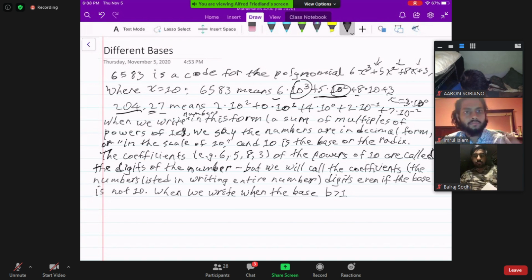So when the base B is bigger than 1, when we write a number in a different base greater than 1, so if the base is 10, we just write the number like over here at the top.